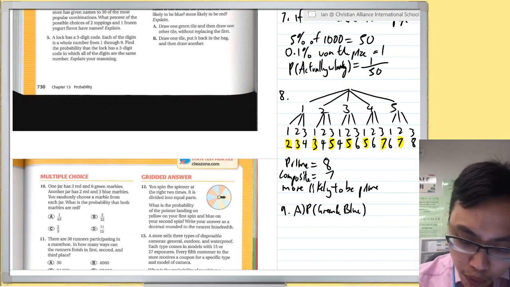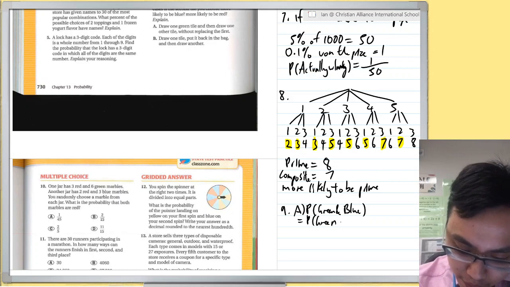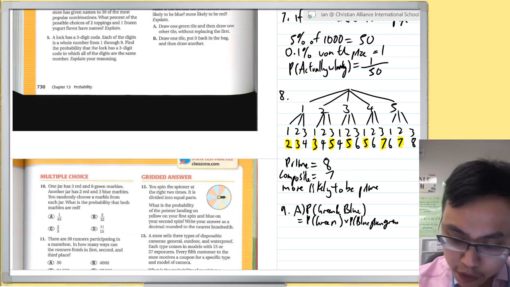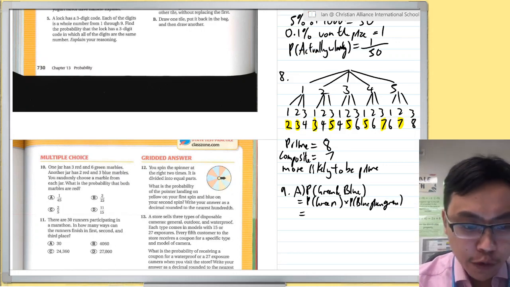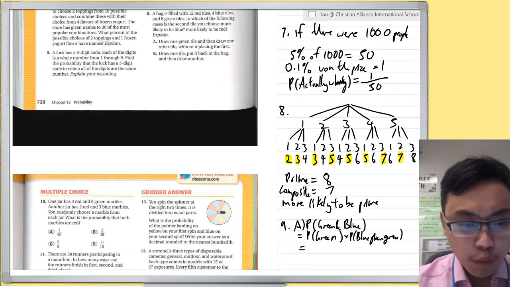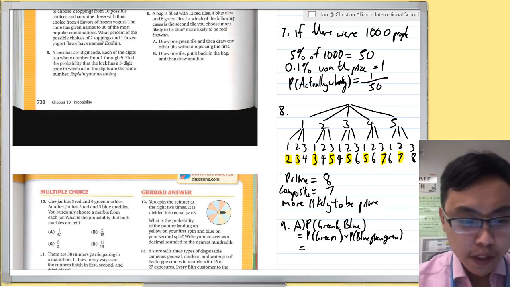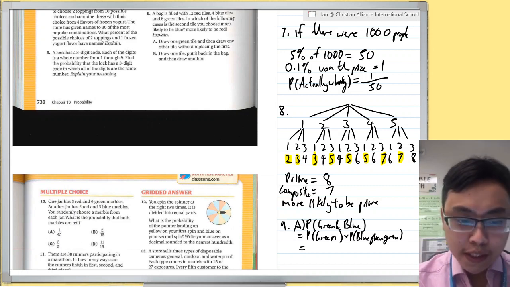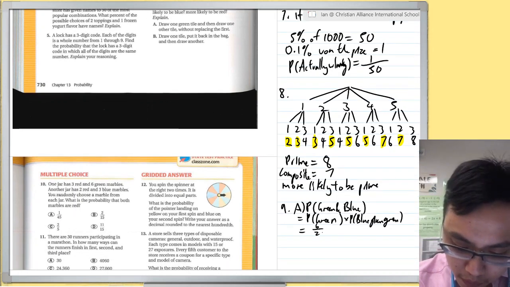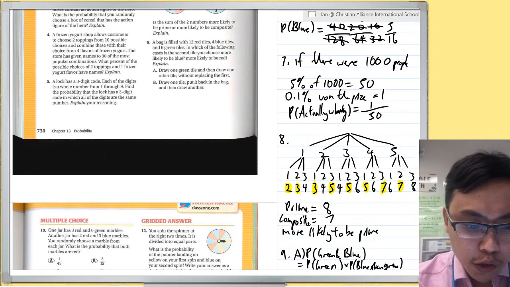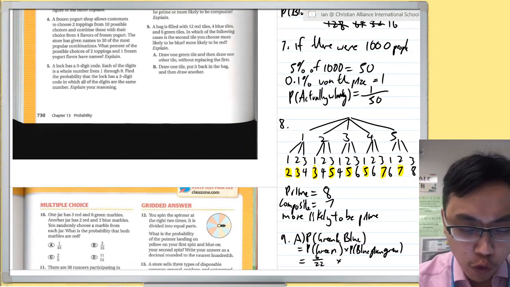It's going to be the probability of green times the probability of blue given green, because these are dependent events. The probability of green is 6 green tiles out of 12 plus 4 plus 6, which is 22. So it's 6 out of 22 times the probability of blue given green, which is 4 blue tiles, so 4 out of 21.